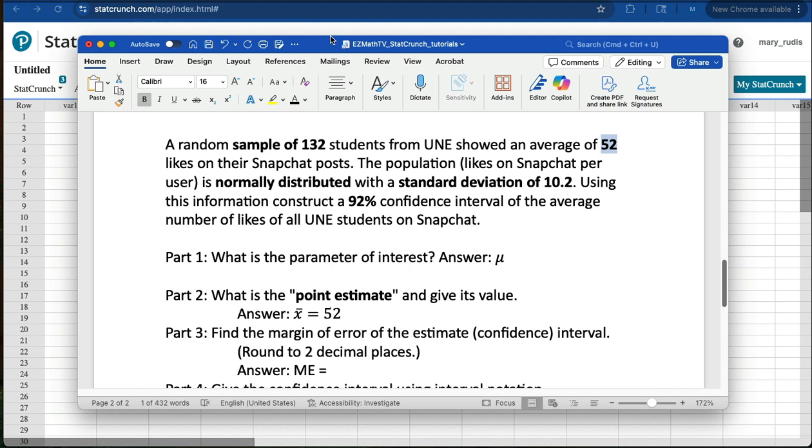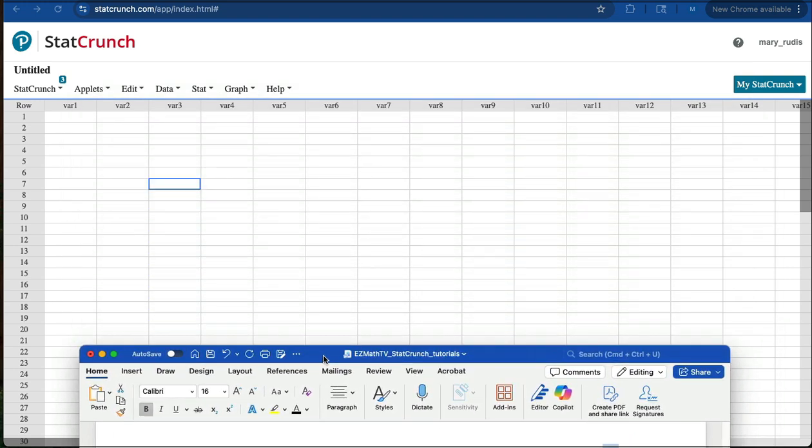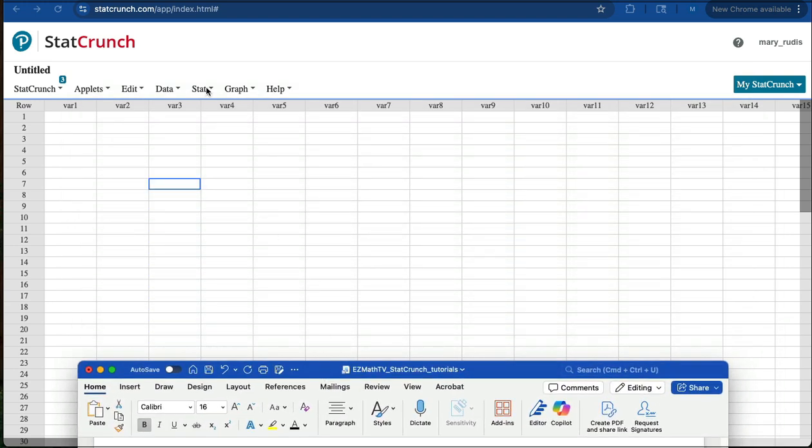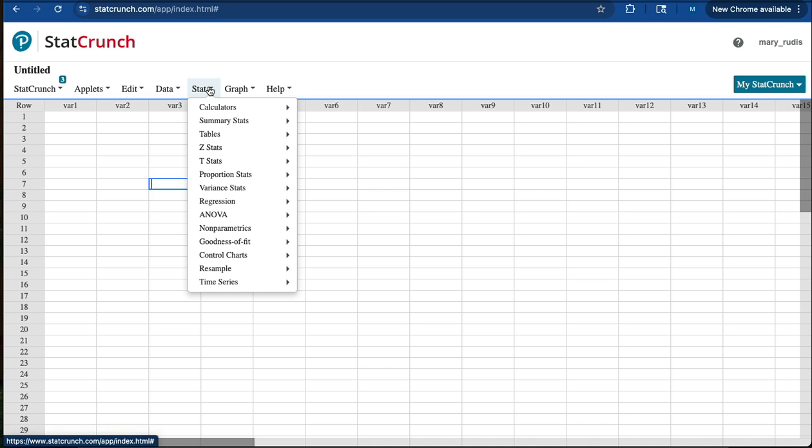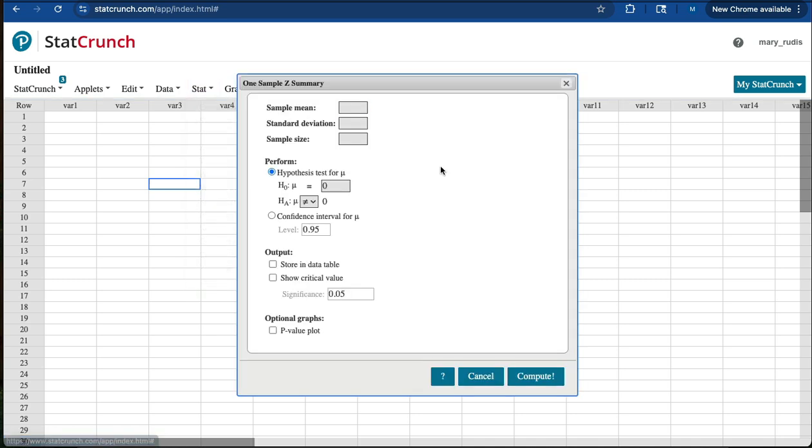So let's go ahead and put all that information up here. I'm in StatCrunch now. I'm going to go to Stat and I'm going to Z stats instead of T stats. So Z stats, one sample with summary.